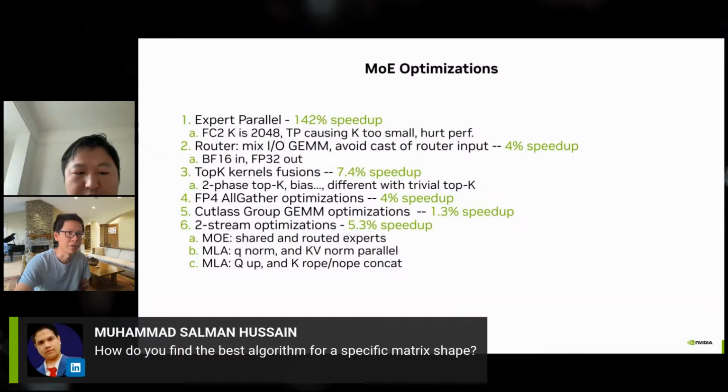There are two questions online. The first one is, how do you find the best algorithm for a specific matrix shape? I suppose this is for the GEMMs. I think there is a heuristic in cuBLAS and CUTLASS as well, which allows you to find the fastest kernels. Do you have something to add? Yeah, other than what Xiaoming mentioned, there are built-in heuristics in these libraries to find the best algorithm.